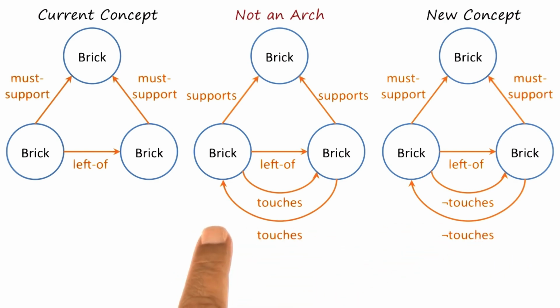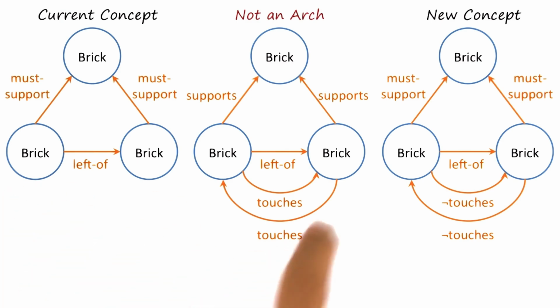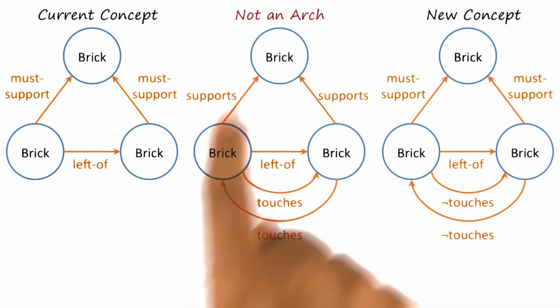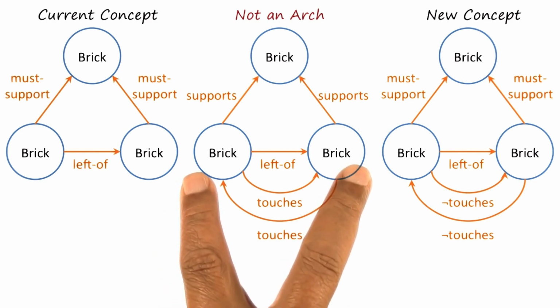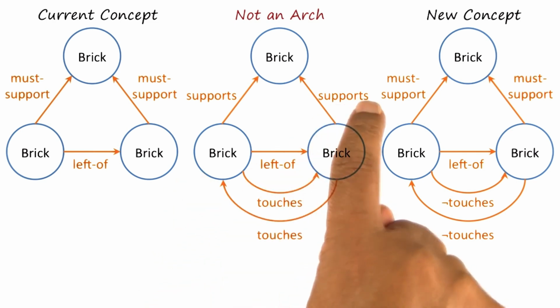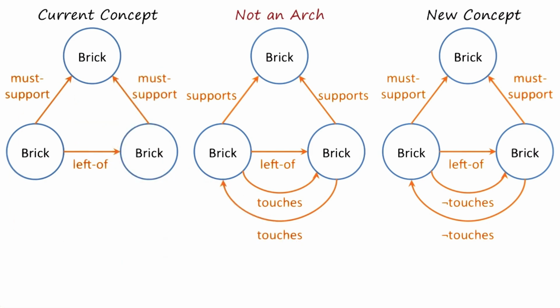And we want each example to differ from the previous concept characterization in only one important feature. In this case, the only important difference between the new example and the current concept characterization is that the two bricks touch each other. That the new example differs from the current concept characterization in exactly one feature is important because it focuses the attention of the learner.